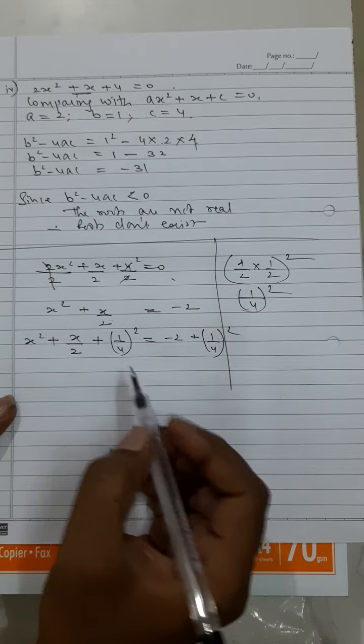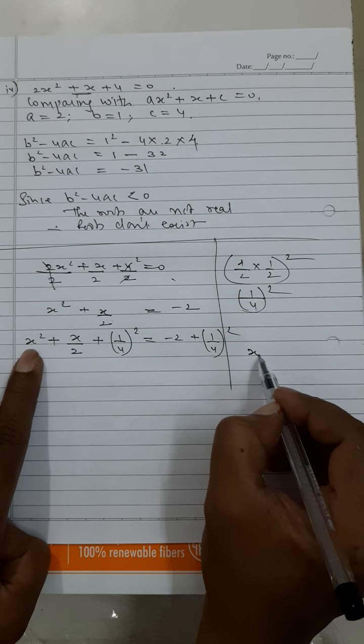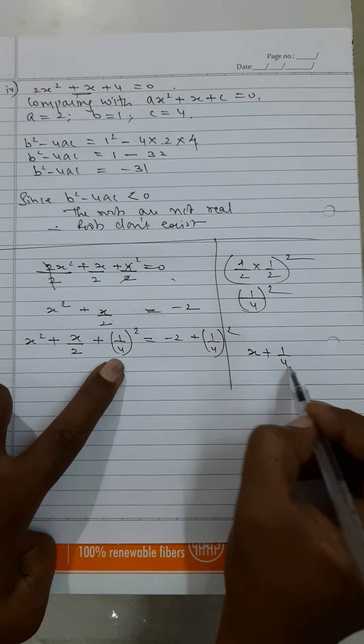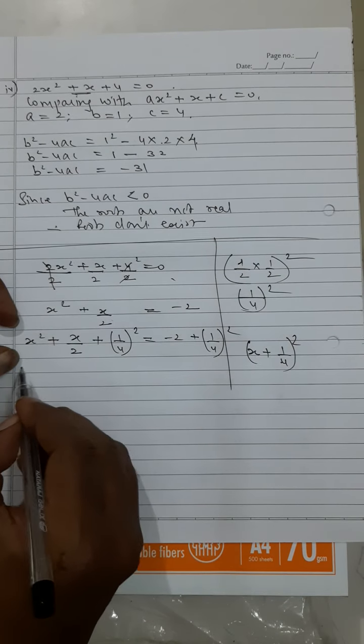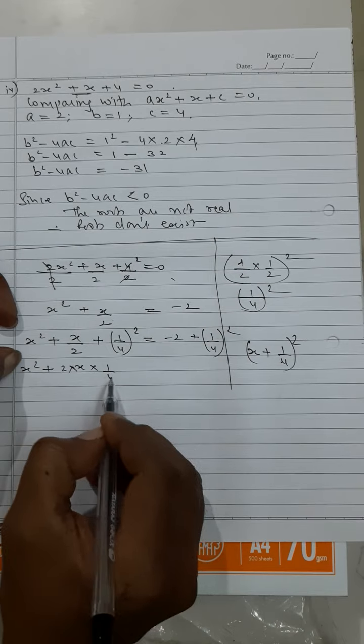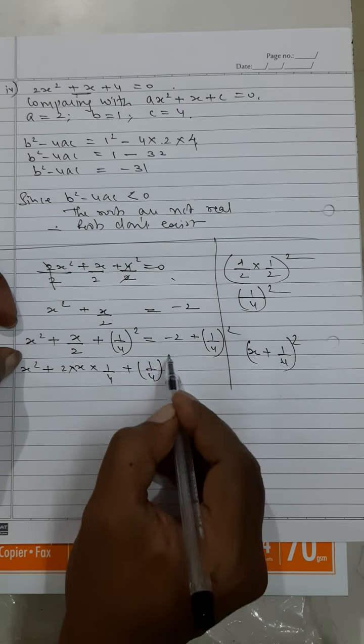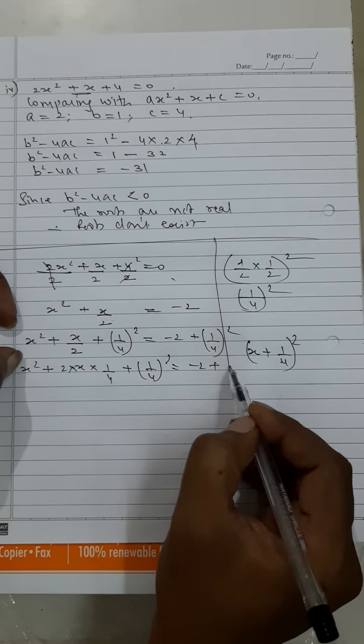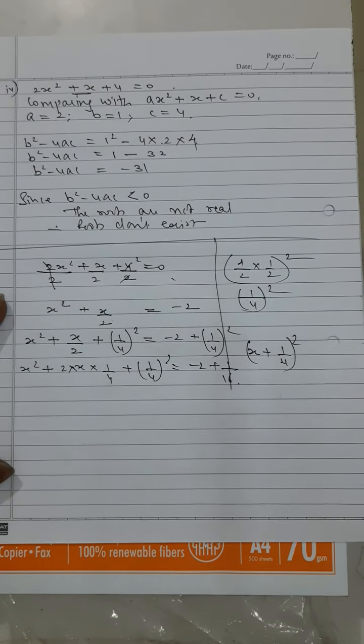So this is basically an expansion of x plus 1 upon 4 the whole square. If I expand this and write over here, x square plus 2 into x into 1 upon 4 plus 1 upon 4 whole square is equal to minus 2 plus 1 upon 16.